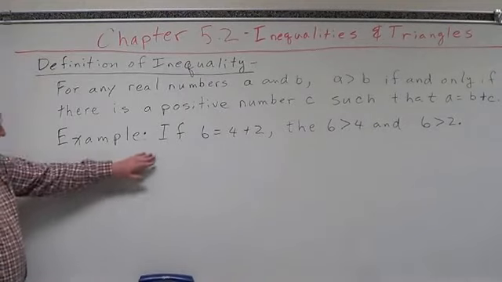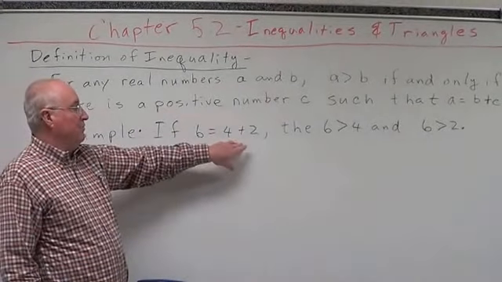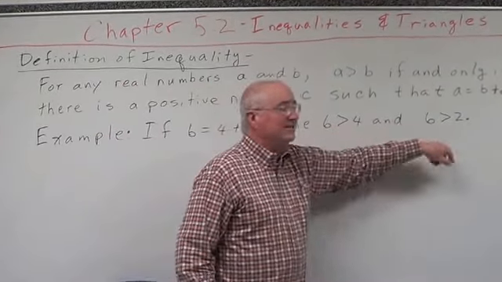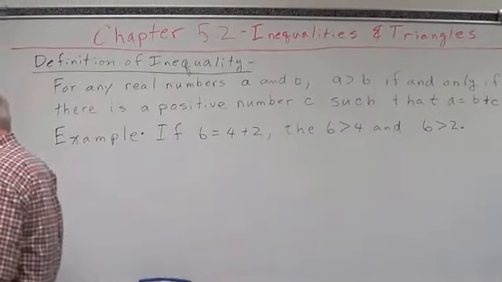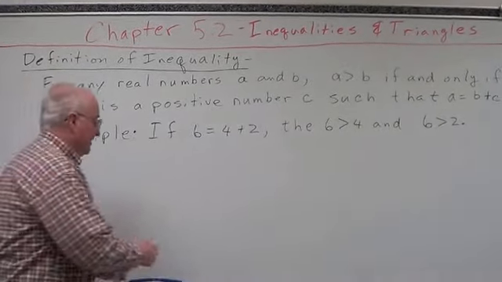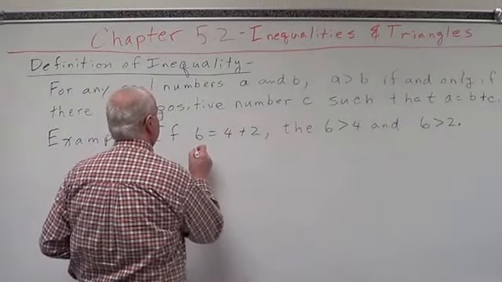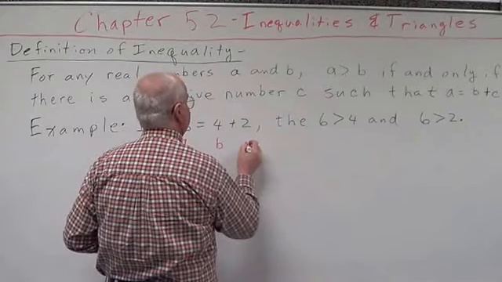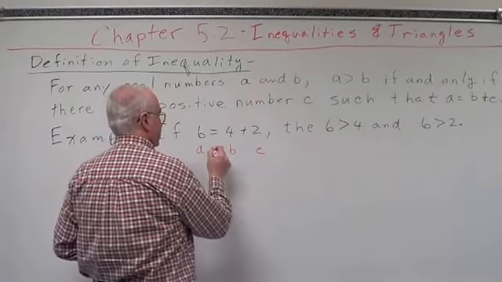An example: if 6 equals 4 plus 2, then 6 is greater than 4 and 6 is also greater than 2. 6 would represent the a, this would be your b, and this would be your c.